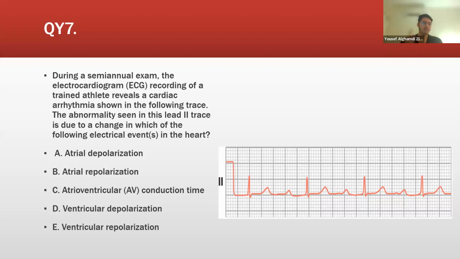That would be a Mobitz 1. A second degree type 2, there is no progressive, it's just prolonged, and then there is a dropped beat. It's always prolonged, and then you have a dropped beat, like 2 to 3, and then a dropped beat.